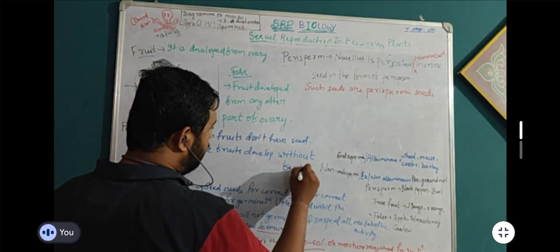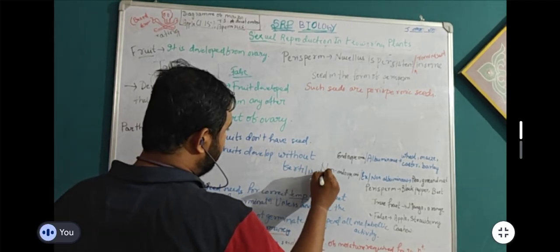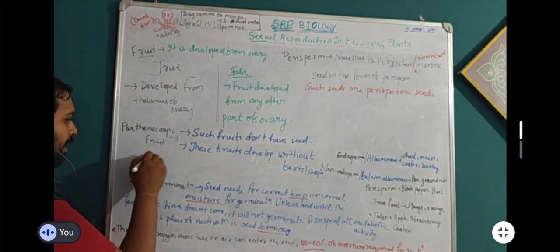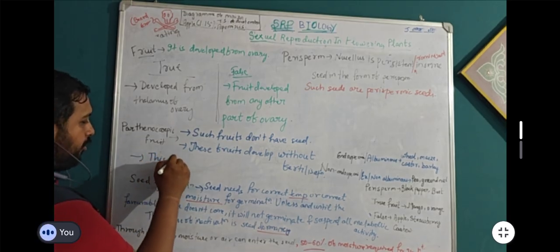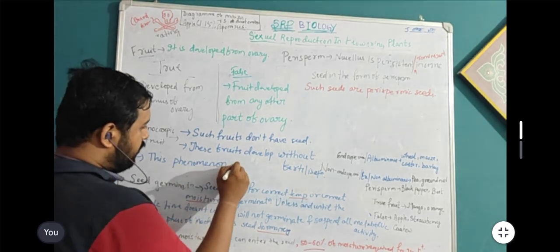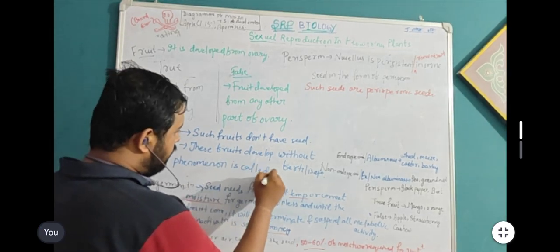Got my point or not? So here you can get a question from assertion reasoning on parthenocarpic fruit, and this phenomenon is called parthenogenesis.